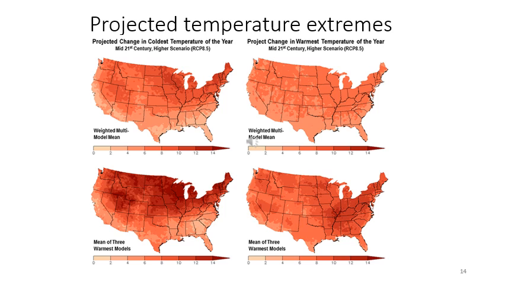And then at the bottom of the graph, you see the mean of the three warmest models for the projected coldest temperatures, and then the mean of the three warmest models for the warmest temperature of the year. So there is a little bit of variability in what different models tell us, but they are pretty consistent.